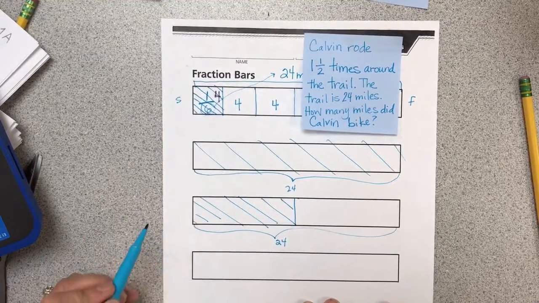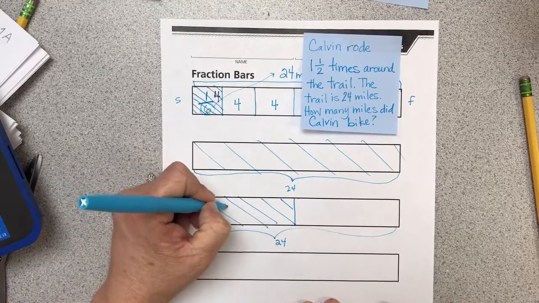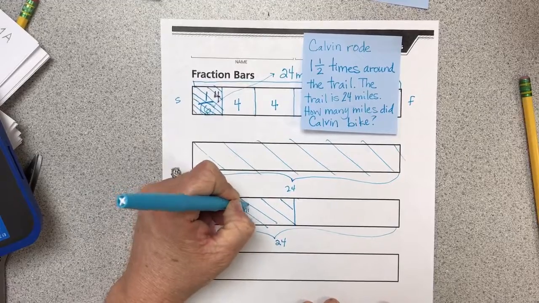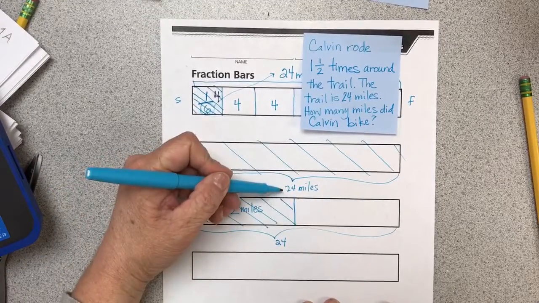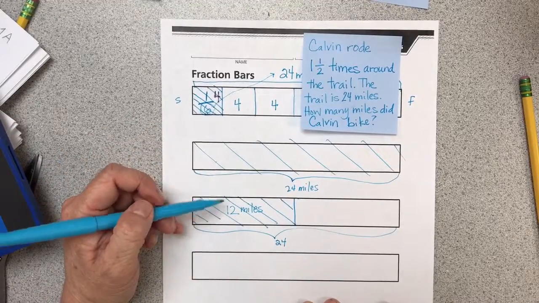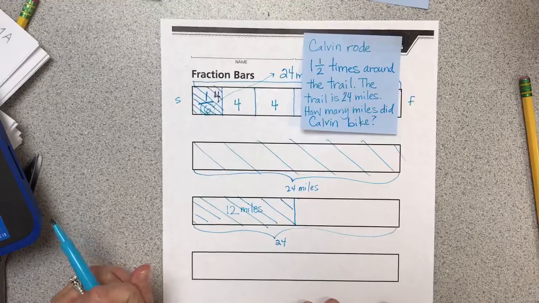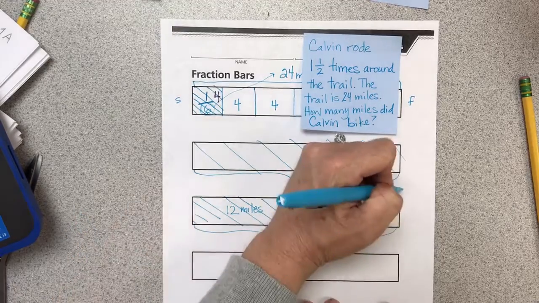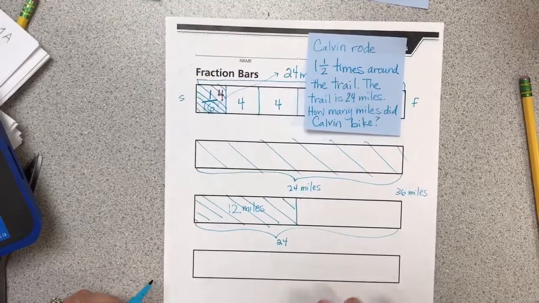As you are probably screaming right now, yes, half of 24 is 12 miles. So he goes 24 miles plus 12 miles, a total of 36 miles that Calvin rides on that day. Oh, we forgot our equation.